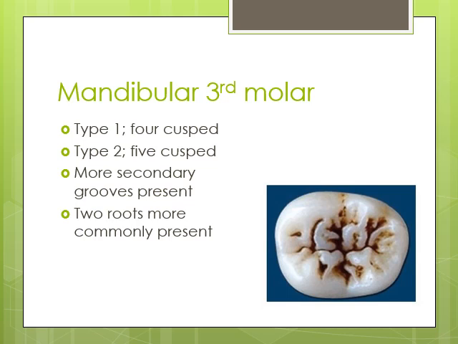The eruption timing is the same, 18 to 21 years. The eruption timing is 17 to 21 years of age, and the root completion takes place between 18 to 25 years of age.